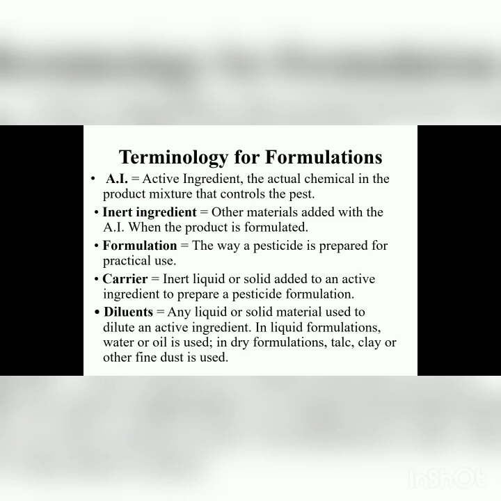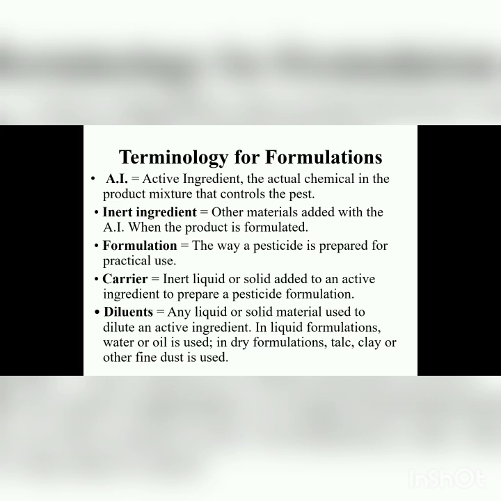Then formulation, the way a pesticide is prepared for practical use. Then carrier, an inert liquid or solid added to an active ingredient to prepare a pesticide formulation. Then diluent, a liquid or solid material used to dilute an active ingredient.